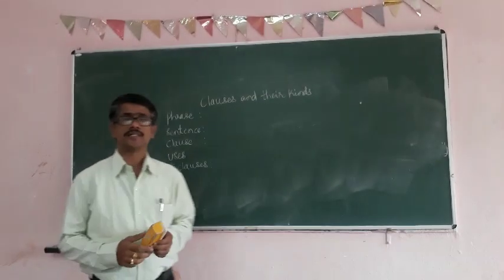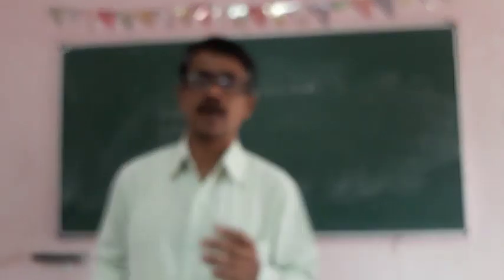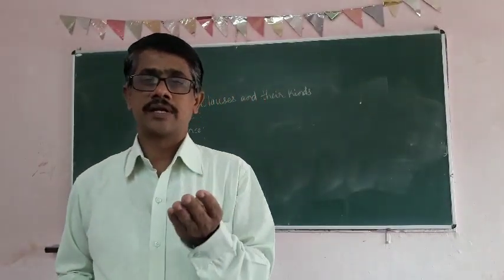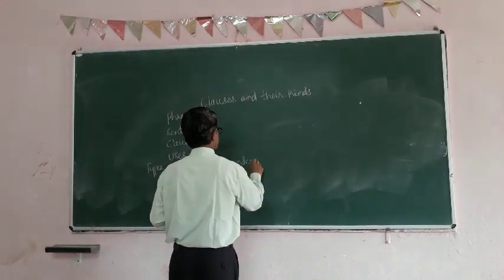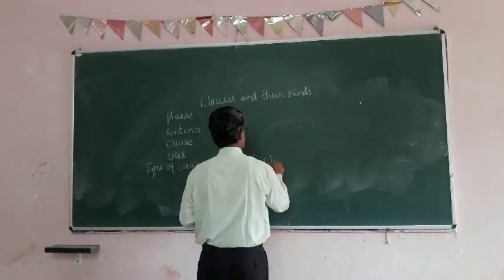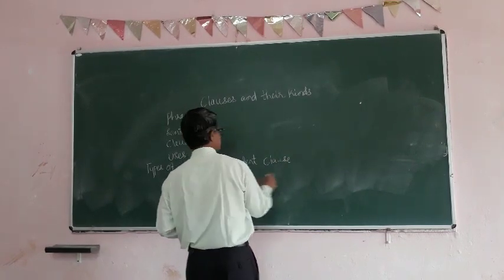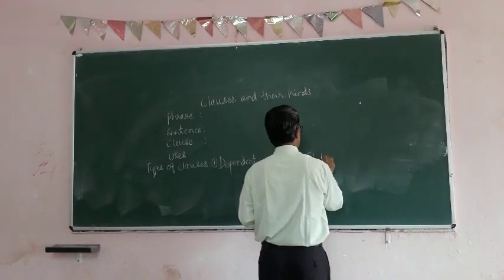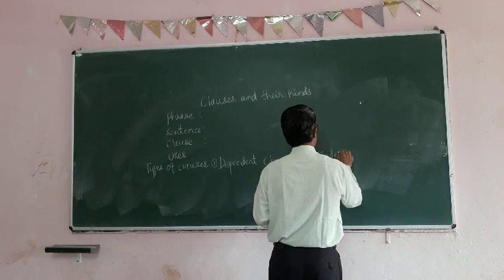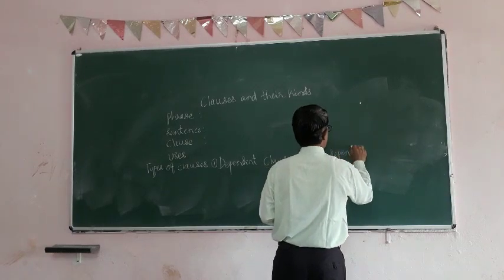There are two kinds of clauses in English grammar: dependent clause and independent clause.